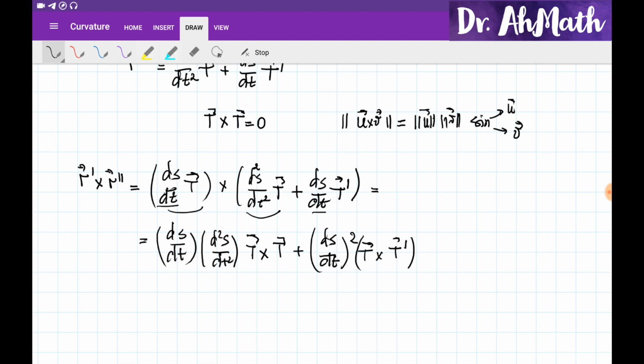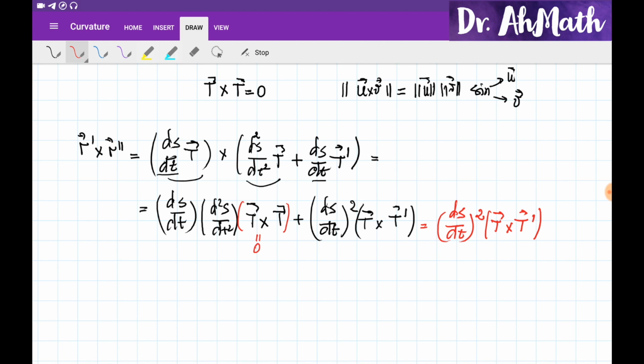So please note that when the T vectors are parallel, their cross product is equal to 0. So that is why when you multiply a vector by itself as a cross product, this is simply 0. So what we have is (ds/dt) squared multiplied by T cross product T prime.